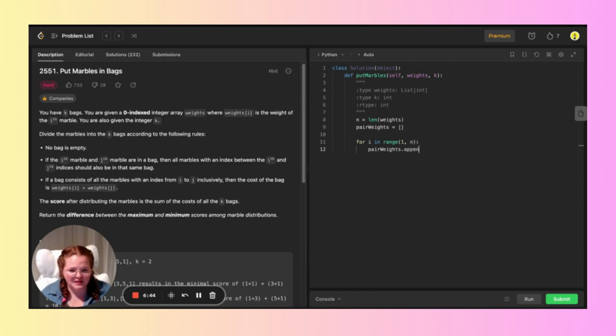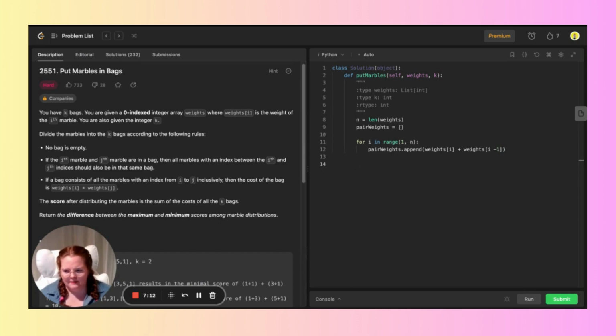Maybe append, and then that would be weights I, and then I could do weights I minus 1. Because that would collect the value from every pair of weights.